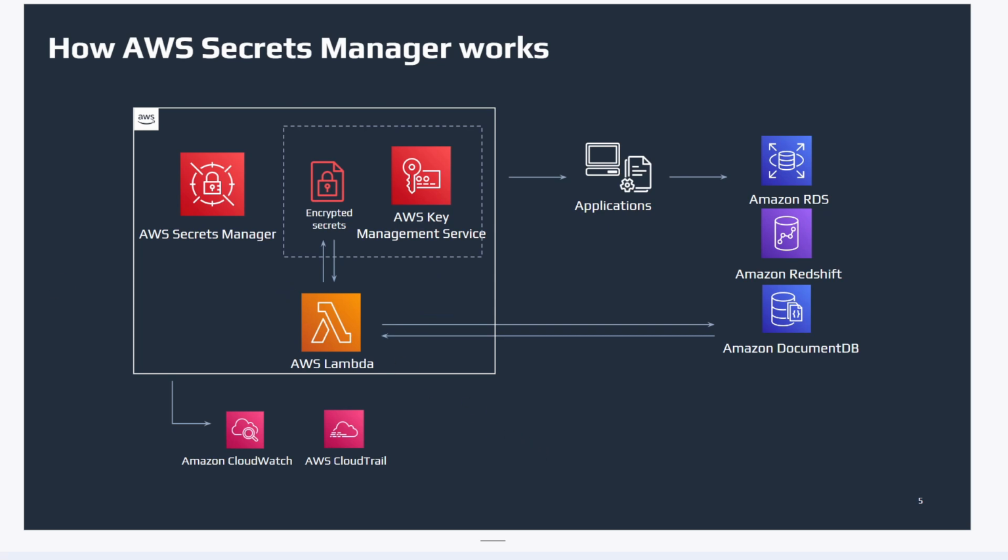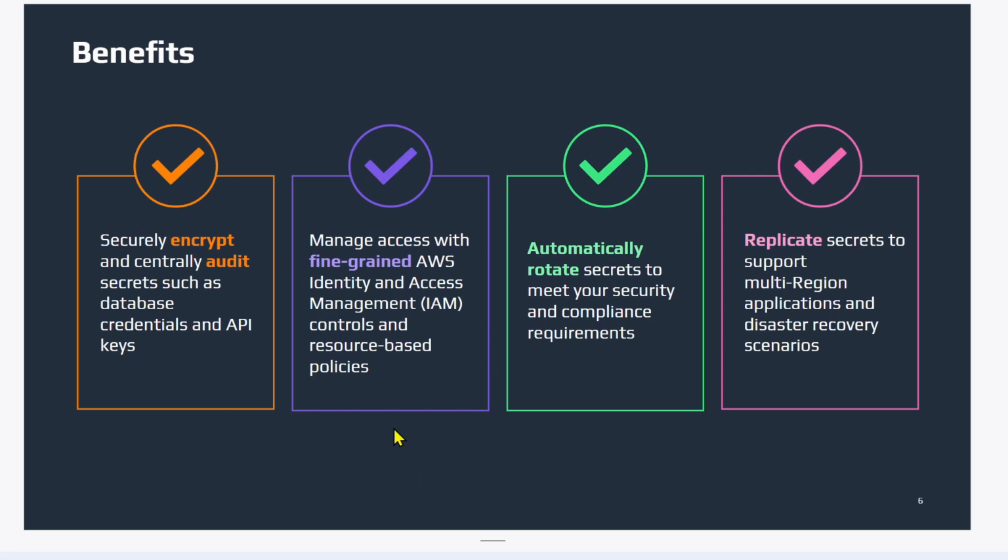Now, as we know how it works, let's move on to the benefits. Securely encrypt and centrally audit secrets such as database credentials and API keys. That's what I was telling you. Manage fine-grained access control through your IAM and resource-based policies. That's also something you have in your hands. Automatically rotate secrets to meet your security and compliance requirements. That's also very seamless.